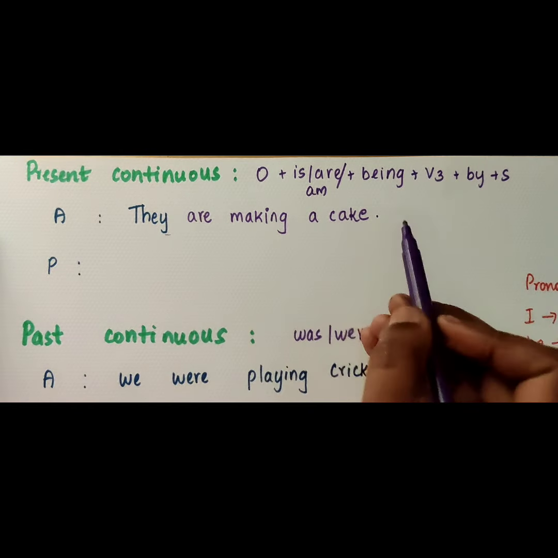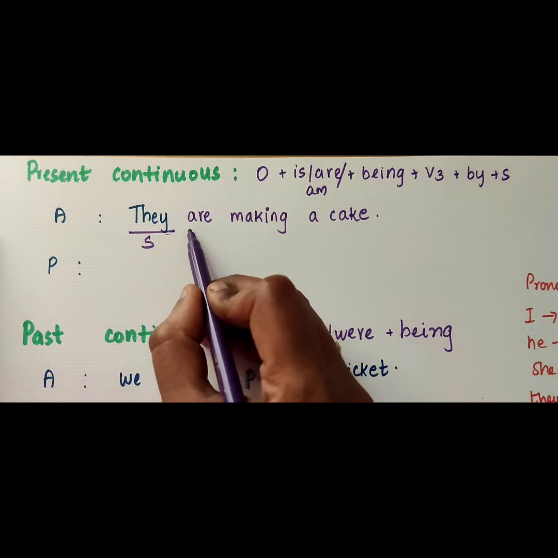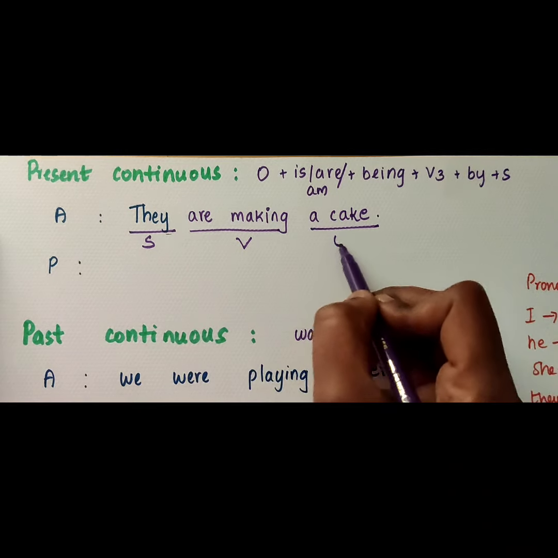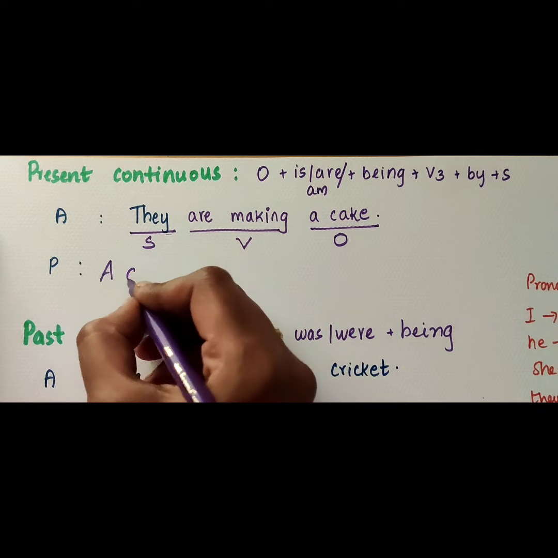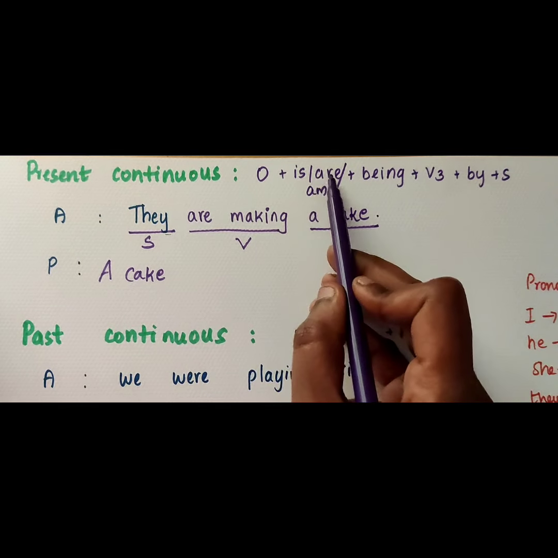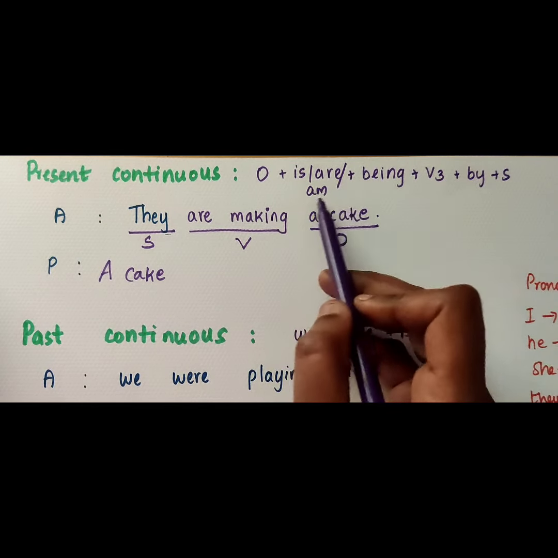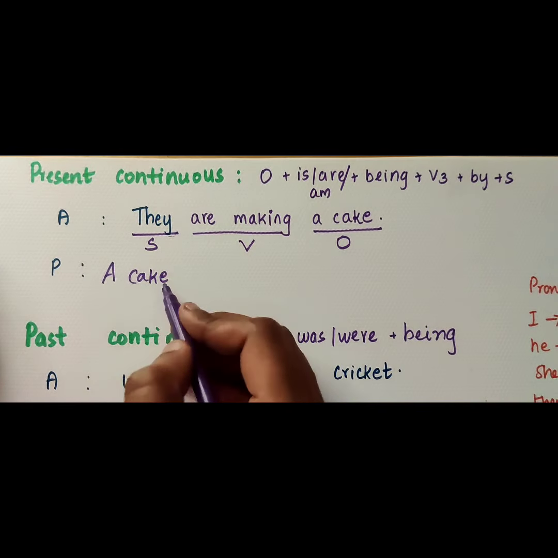They are making a cake. Identify the subject, verb, object. Write object first. A cake. Here is or am or are. Which one should we use? A cake is singular.